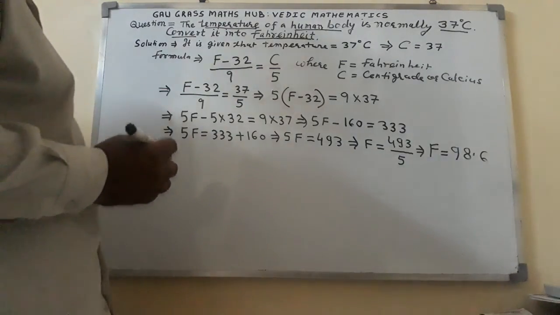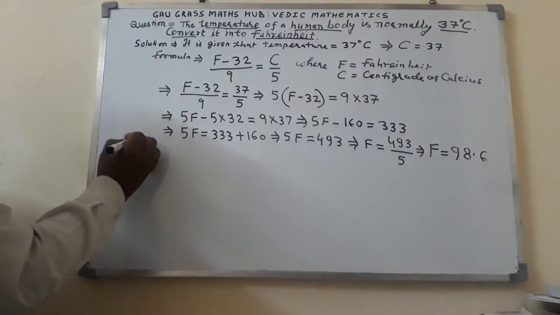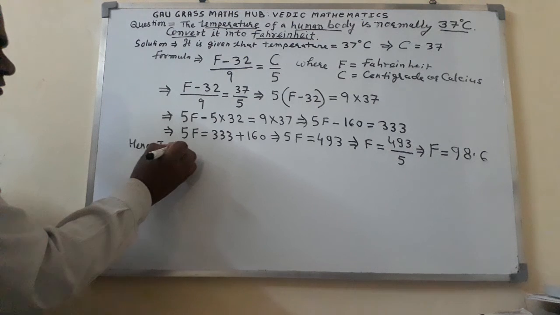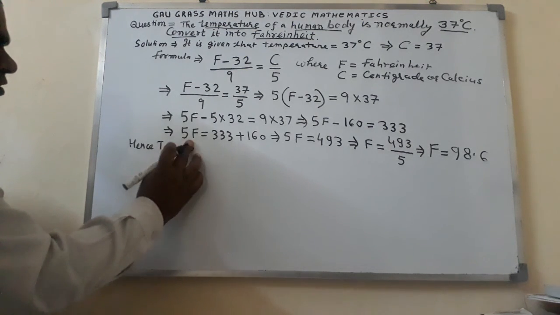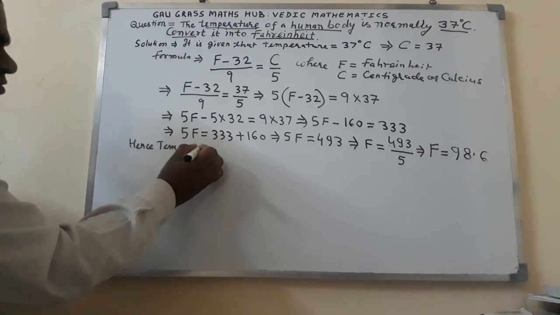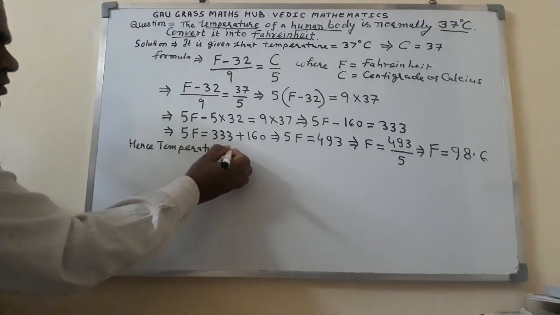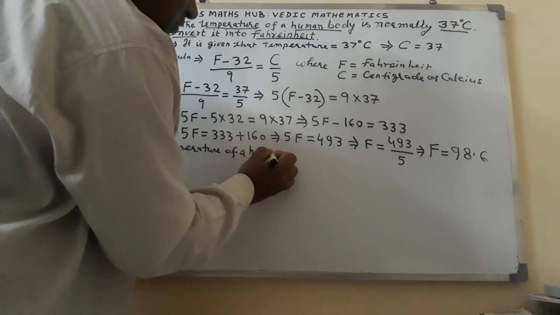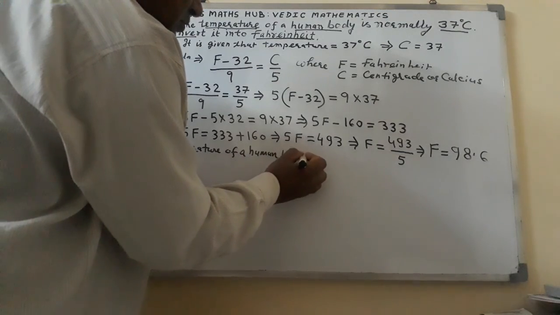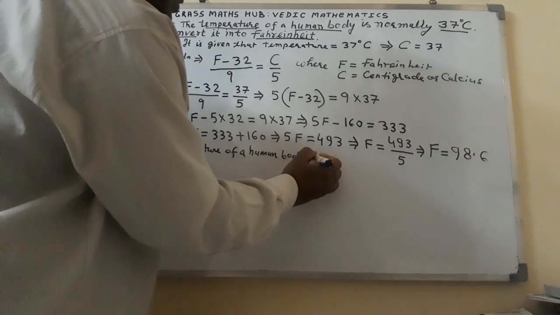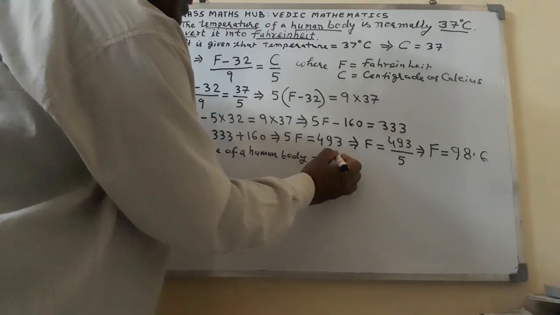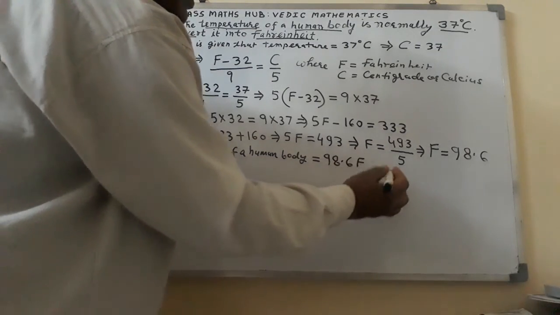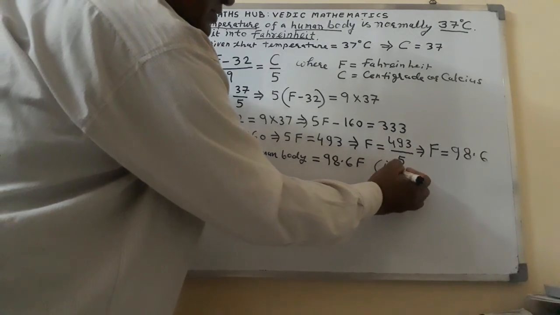So now you have got here, hence the temperature of a human body equal to 98.6 F. You can write here in Fahrenheit.